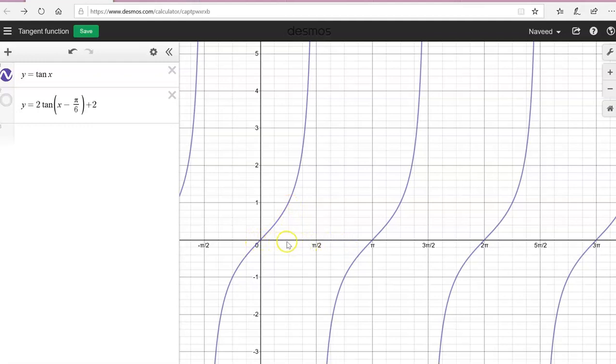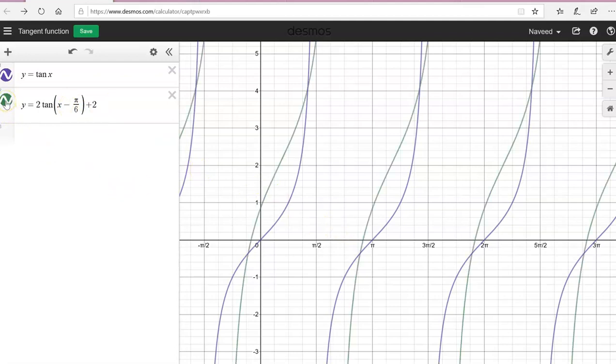Okay, so each of these intervals are 1, 2, 3, 4. There are pi over 8, but it moves to pi over 6, each one of them, and then everything goes up by a factor of 2. Now notice that once you do the horizontal shift, that means your asymptotes also change. So let's graph this now.